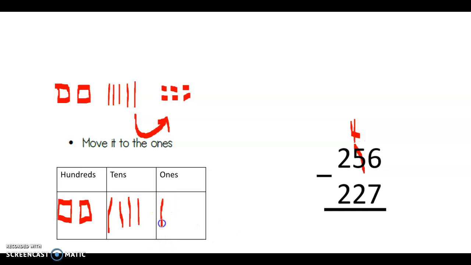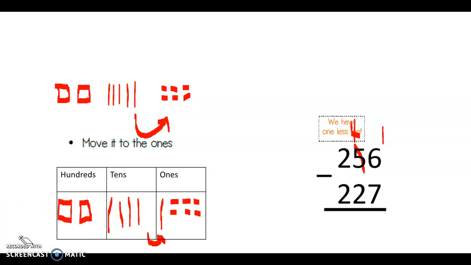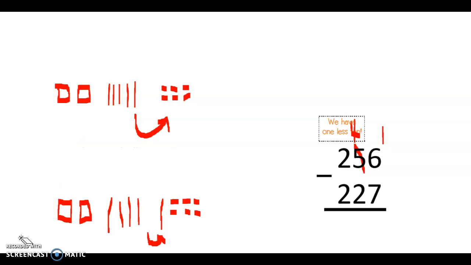And we now have a 10 that has moved over to join us in the ones place with the 6 ones that we already began with. So we have 1 less 10. We've got 4 tens left.